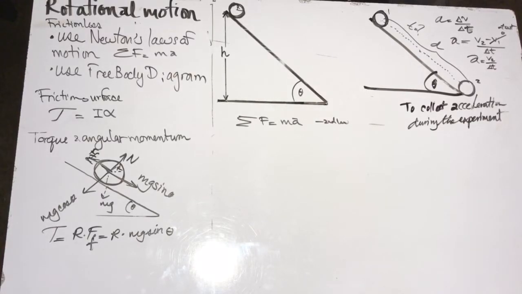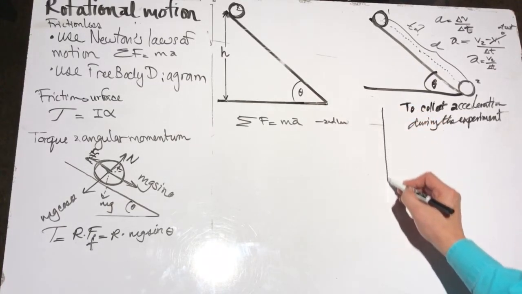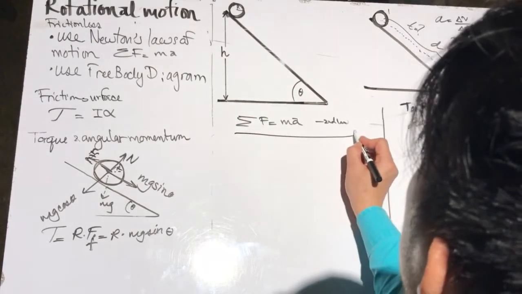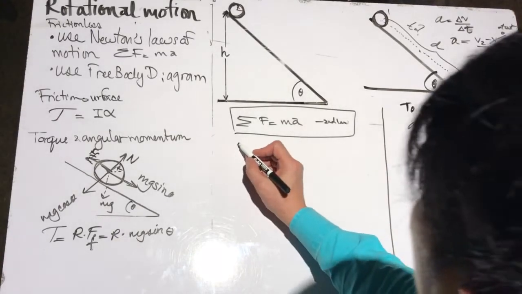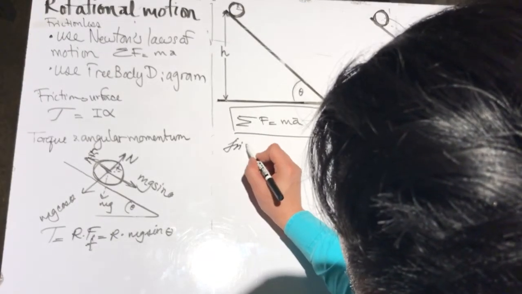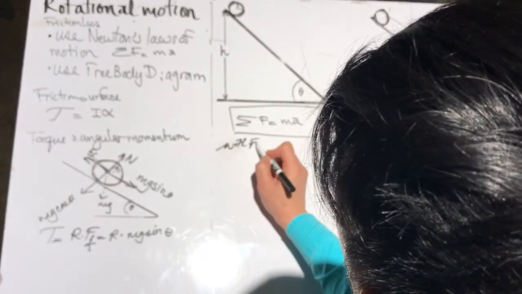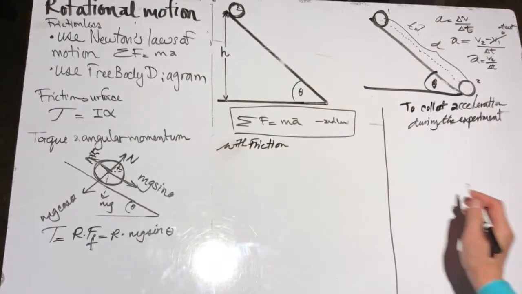However, for our theory, we have two different theories, okay? I'm just going to put it on the side. We're both going to utilize the second law of motion. But this one is frictionless. Sorry, this one is with friction.